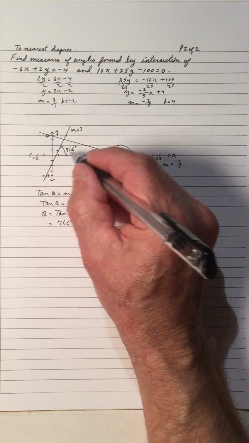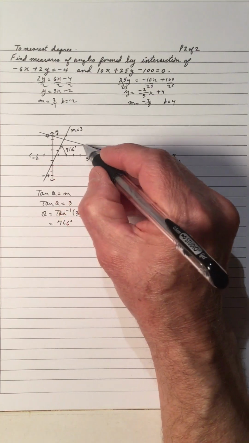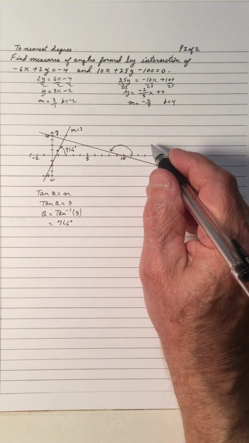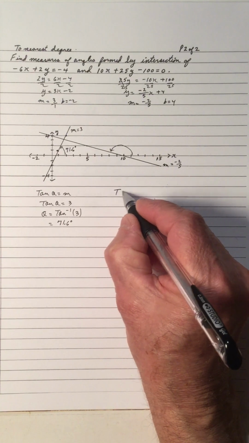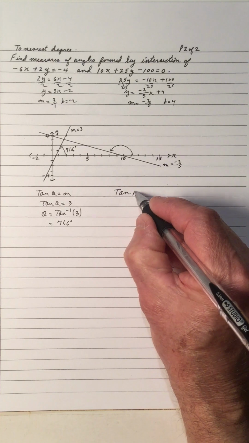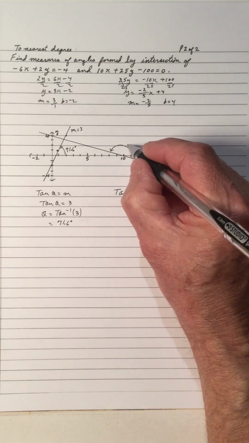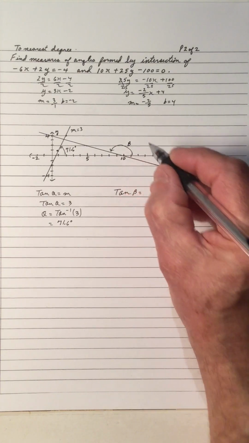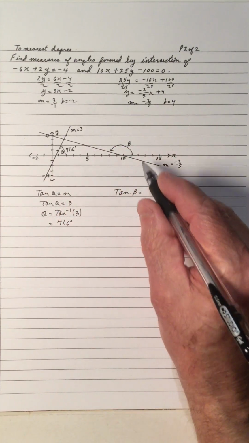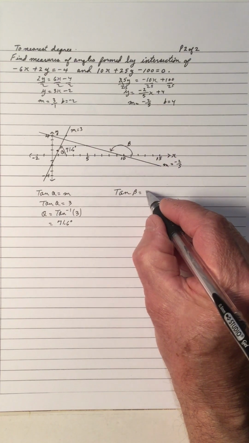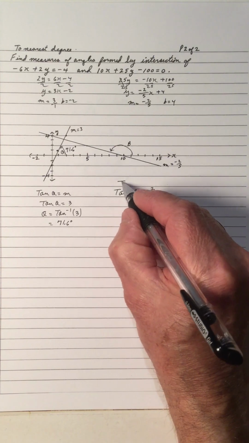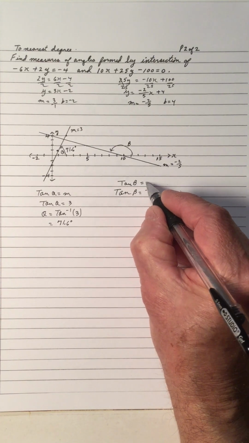Remember, we're trying to find the angles formed by the intersecting lines, so we're going to use the angles of inclination. So this is theta. Let's call this other angle beta. So again, let's put down the slope first.